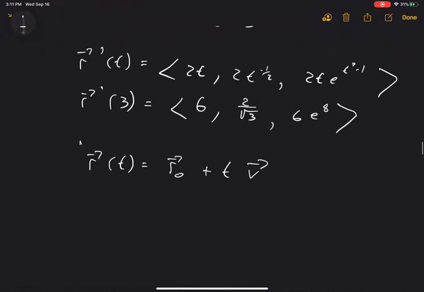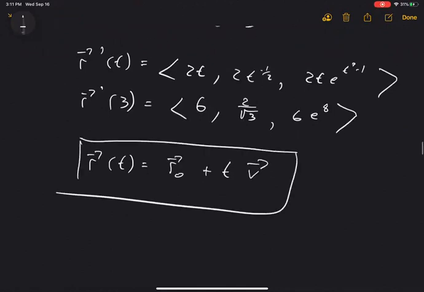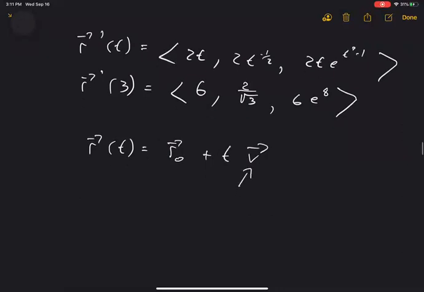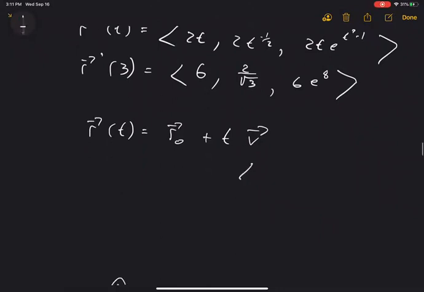Okay, I need something that looks like this. This is the equation of a line, right? The vector equation of a line. So let's see, what have I just found? I have found my vector parallel to our line. Okay. So I know this.